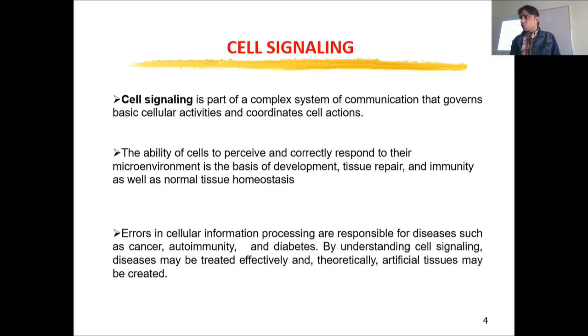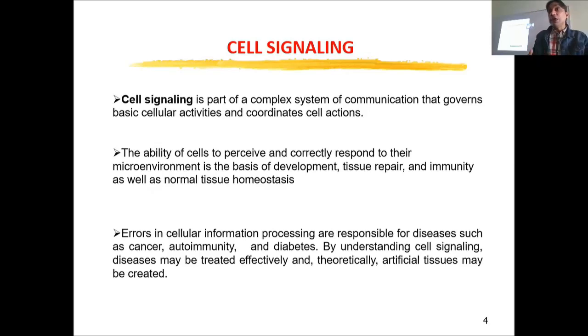The CDKs are the molecules which actually push the cells to go from the G1 phase to the S phase, from the S phase to the G2 phase, from there to the M phase, and then back to the G1 phase. So that is how the cell cycle continues.